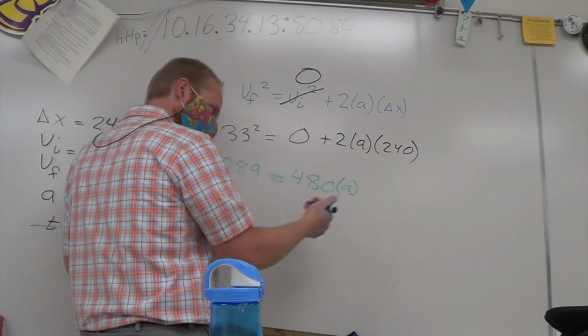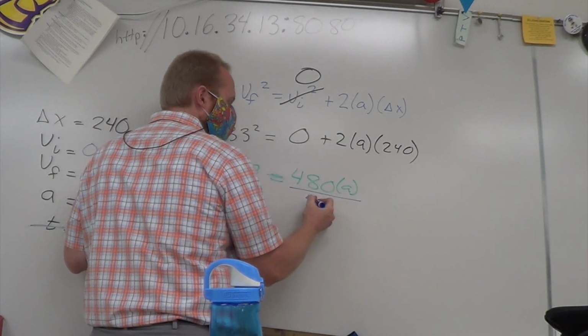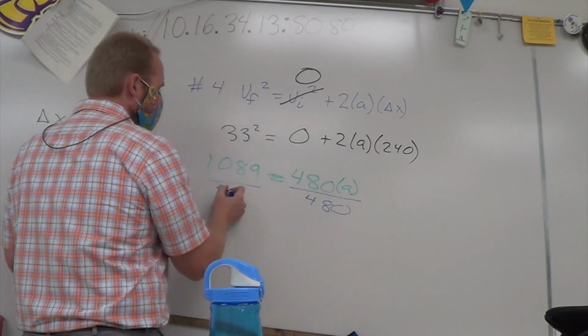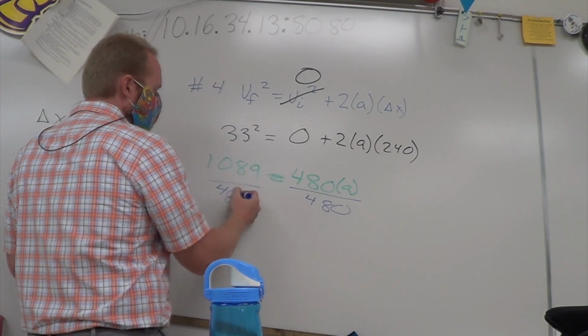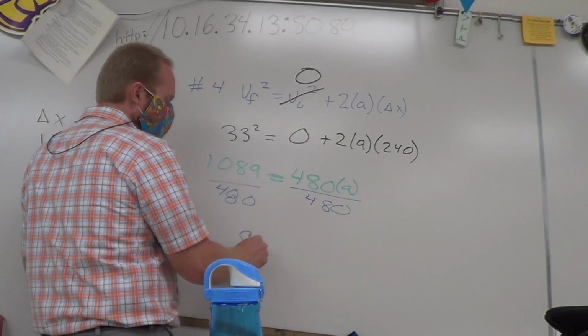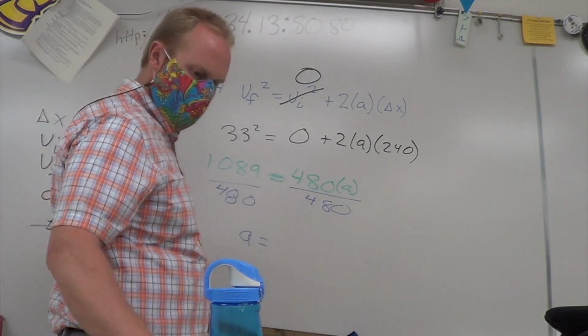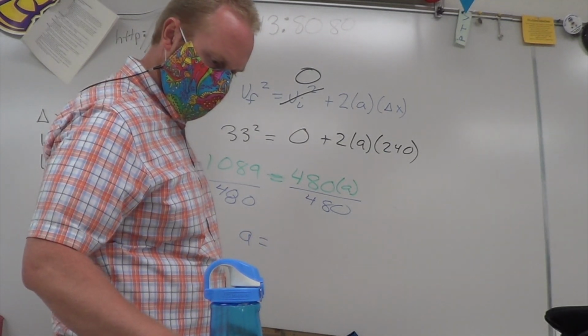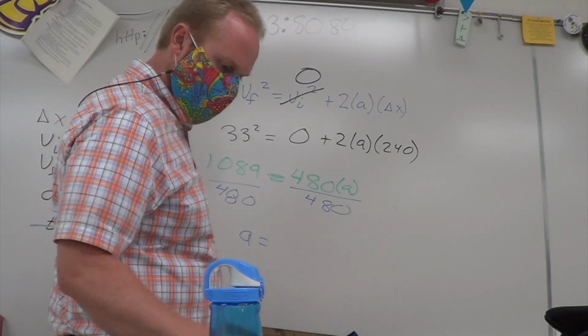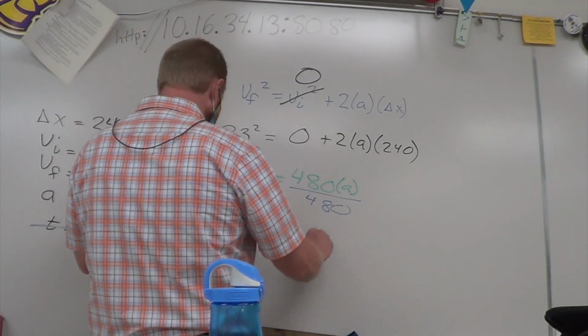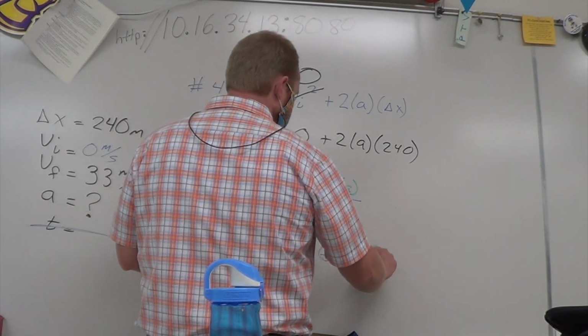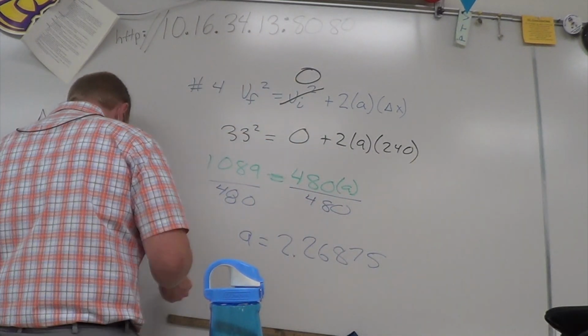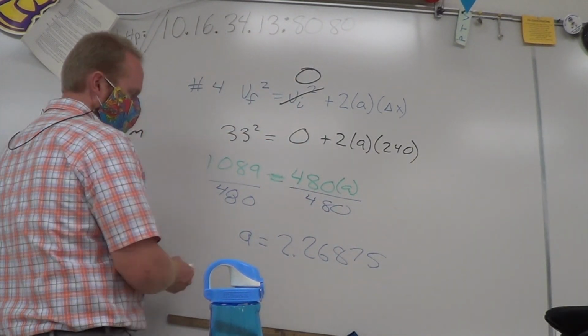We must divide by 480. I'm going to divide both sides by 480. And we get a long decimal, 2.26875.